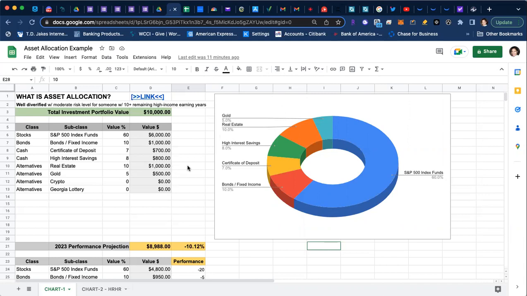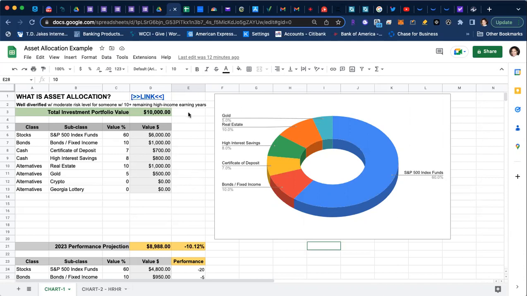So it's very important, and I like to illustrate it with an example. What you see here is what I consider a well diversified portfolio with maybe a moderate level of risk for someone that has, say, 10 or more remaining years of high income earning years. When I say high income earning years, this is relative, as it's related to your high and low earning over the course of your entire work journey.